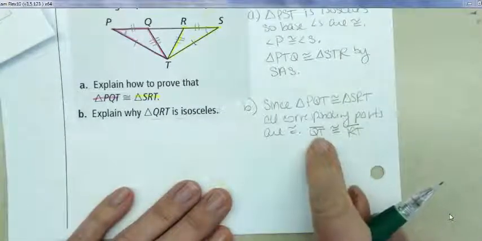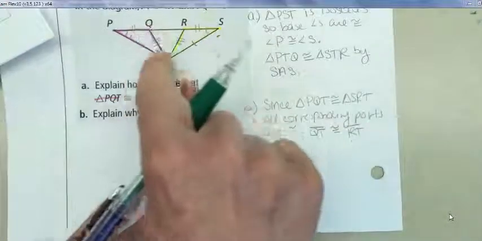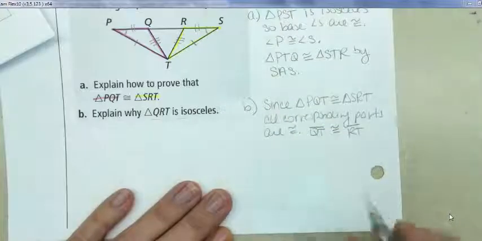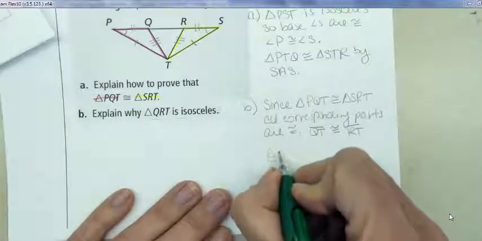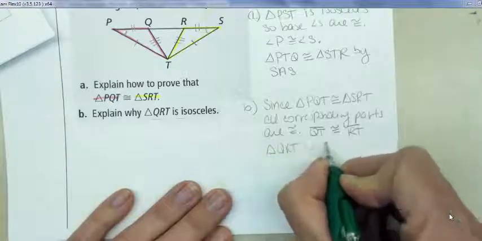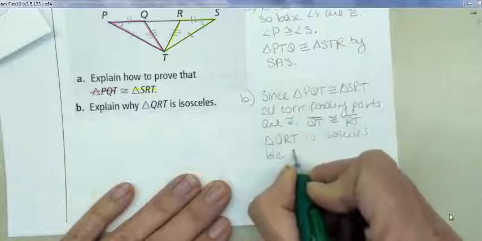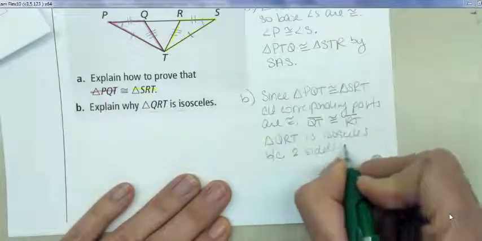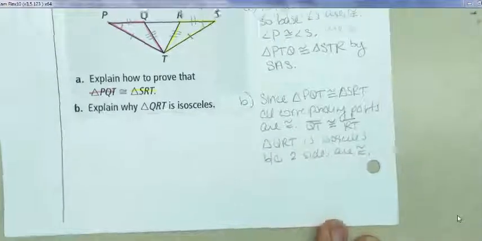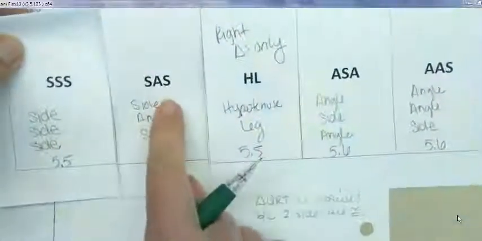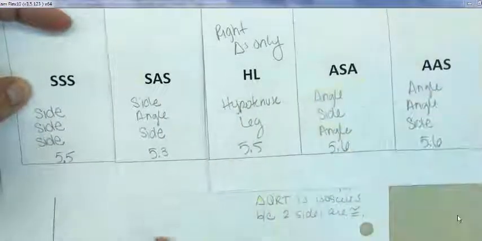And now because two sides are congruent in this triangle QRT, then we know that it's an isosceles. We'll say something like triangle QRT is isosceles because two sides are congruent. So that's just an example of how you start using these. And like I said, tomorrow in class we'll use all of these. We'll do a bunch of problems together.